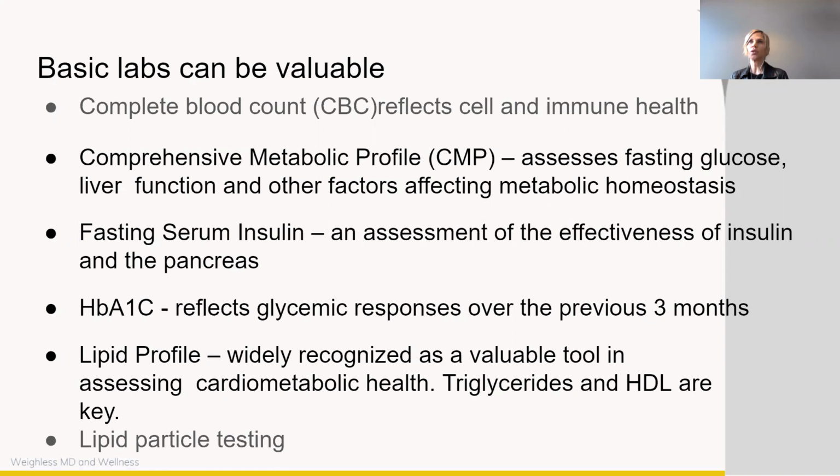It doesn't really tell you if there's variability throughout the day. So we're going to be talking about continuous glucose monitoring, where you can see the actual variability throughout the day, whereas with the hemoglobin A1C, you may be high and low all day long, but the highs and lows are averaging out to be within a normal range.